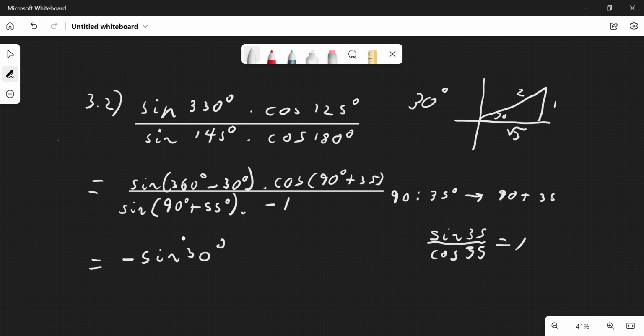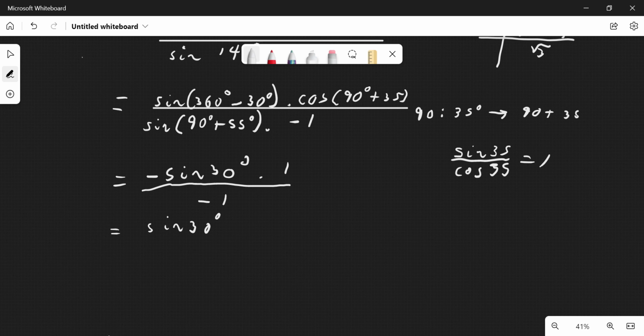I know that this over this is equal to 1, so they cancel out, but we're going to just say times 1 there. And then here this is all over minus 1, so we have positive sine 30 degrees, and that final answer will give us 1 over 2, and there we go.